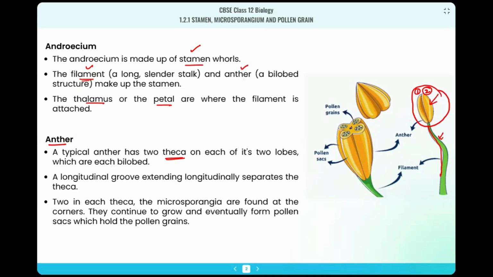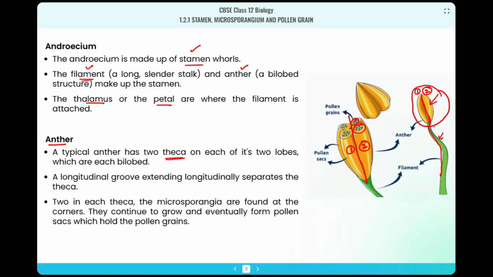When you divide this anther into two parts, that is first theca and second theca, the thecae are bilobed, and a longitudinal groove extending longitudinally separates the theca. Here you can see a longitudinal groove extending, which separates these two theca.